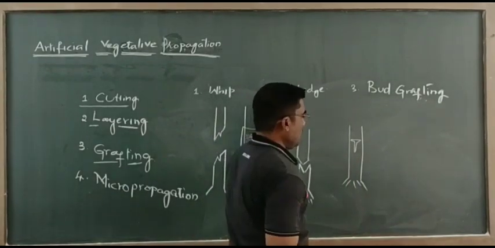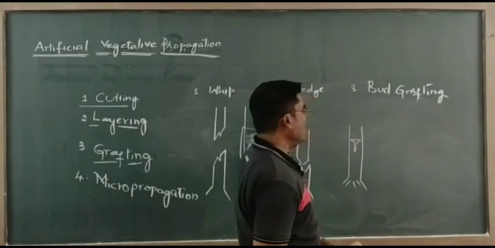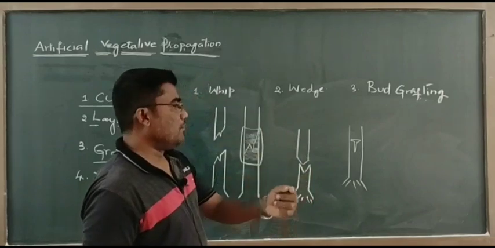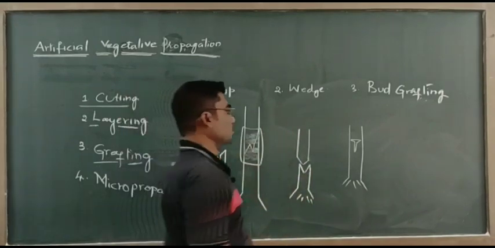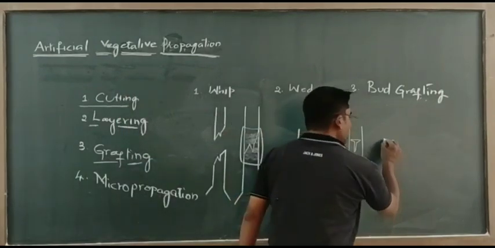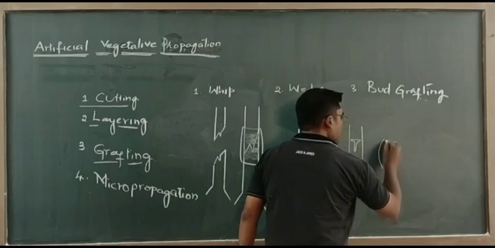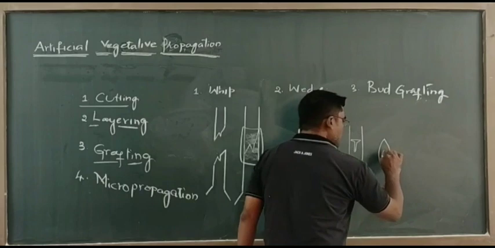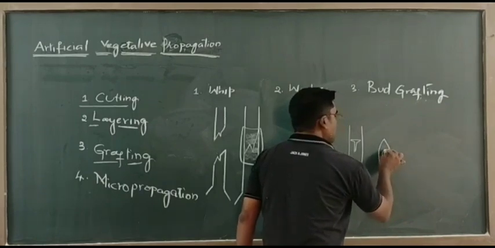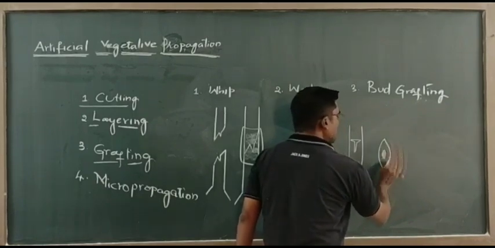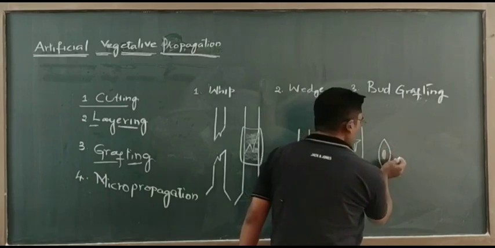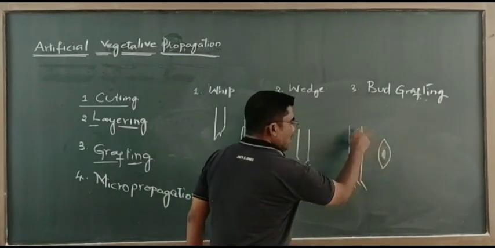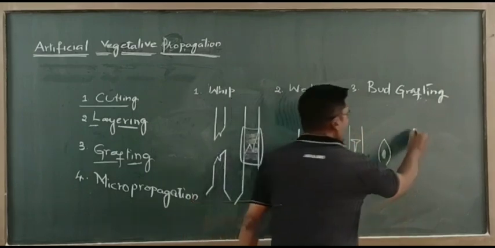From the desired plant, a scion is taken, but in this case not the total twig is selected, but the bud scion is used. Some part which comprises the bud is taken. For example, say this is the bud and this is the remaining surrounding portion, maybe bark. Now this bud is grafted in this stalk.